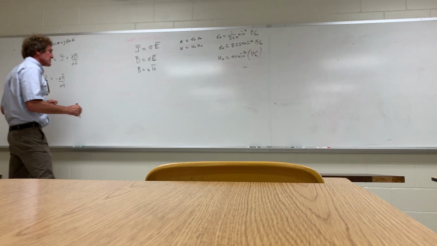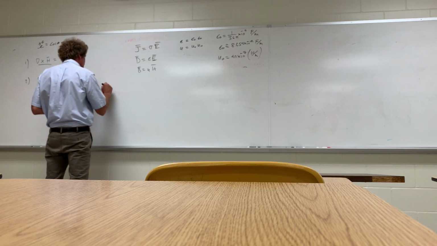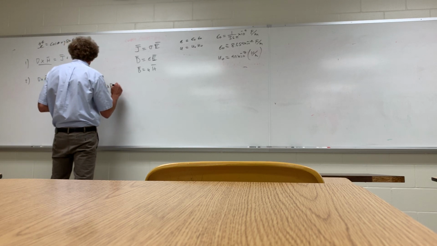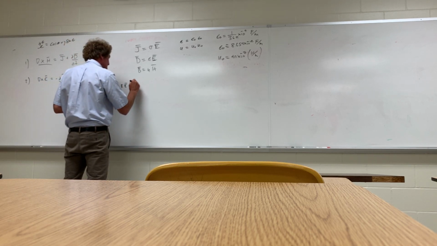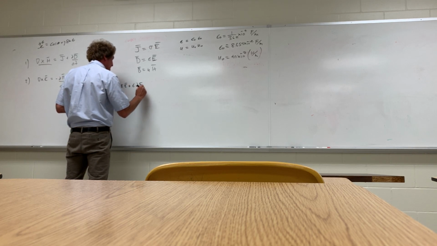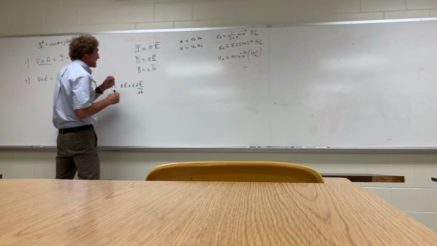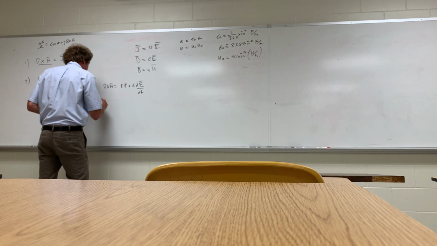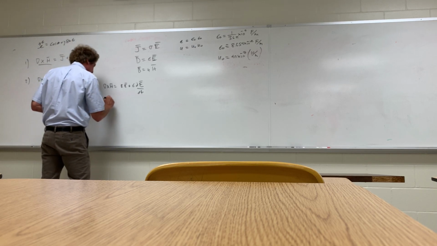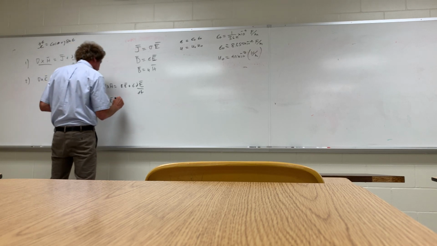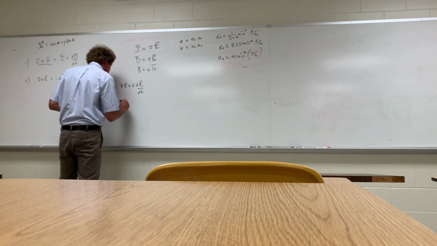So this first equation, curl of H, will be equal to sigma E plus epsilon times dE dt. Here I'm replacing D with epsilon E. And I get curl of E is equal to minus mu times dH dt.